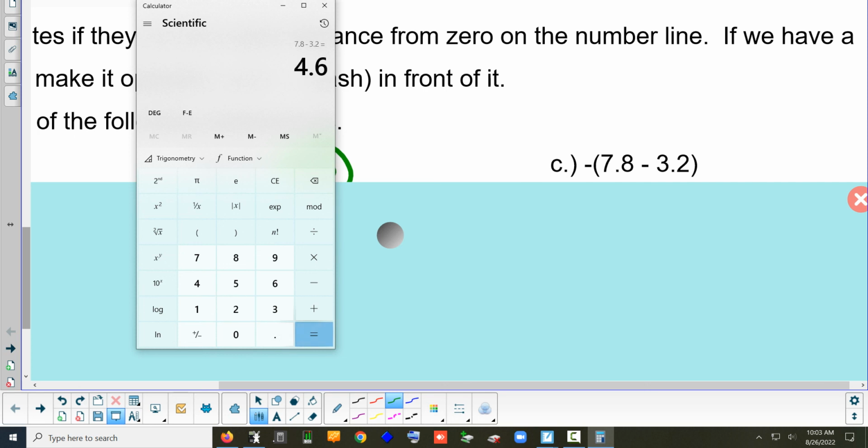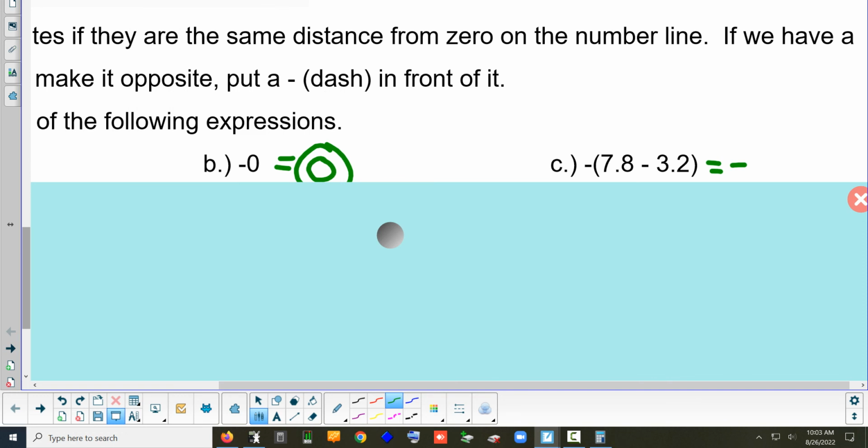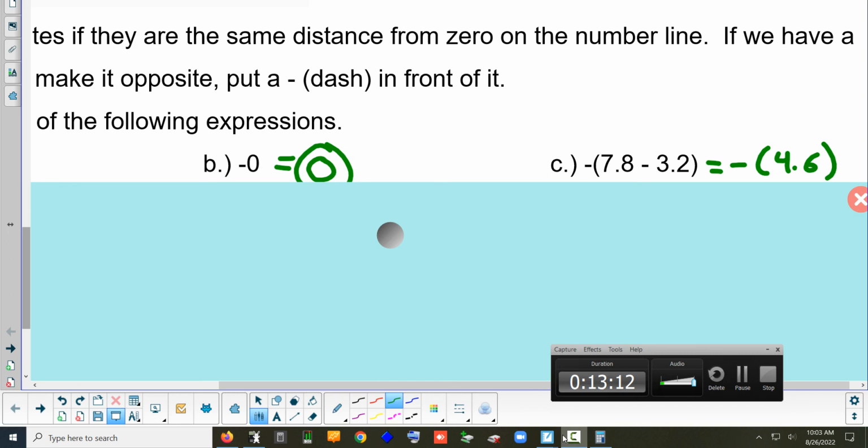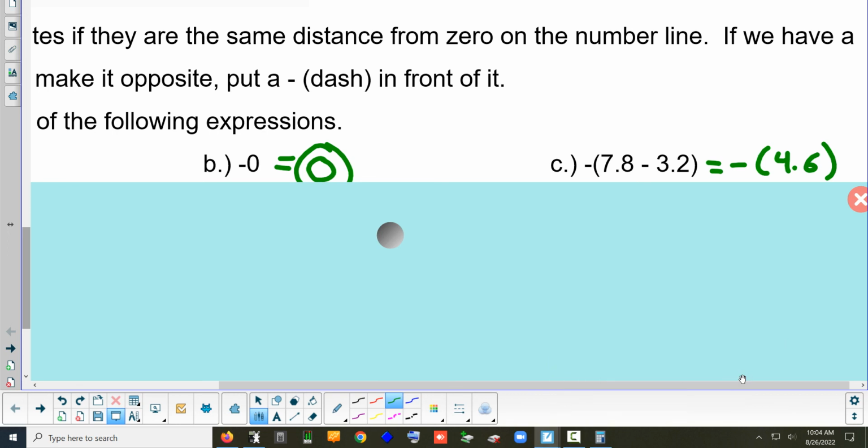All right, so that dash is still in front. But then inside the parentheses, we now have 4.6. So we did what was inside the parentheses. Maya told us to do 7.8 minus 3.2, so we got 4.6. But what does that dash mean in front again? It means negative, right?